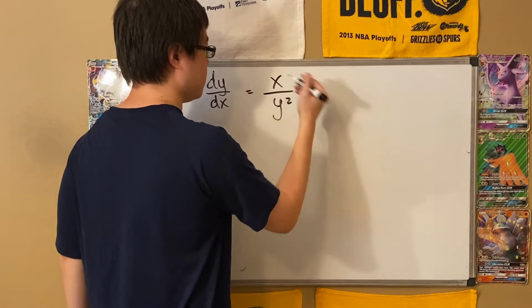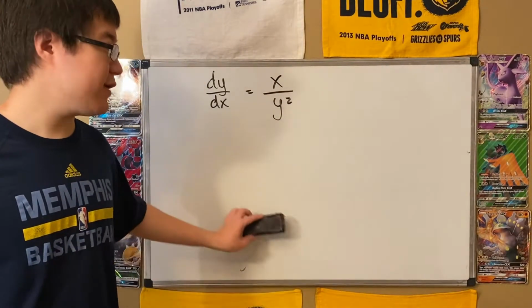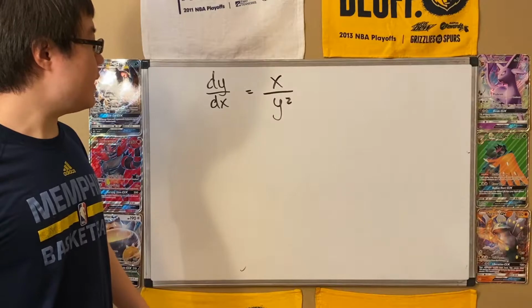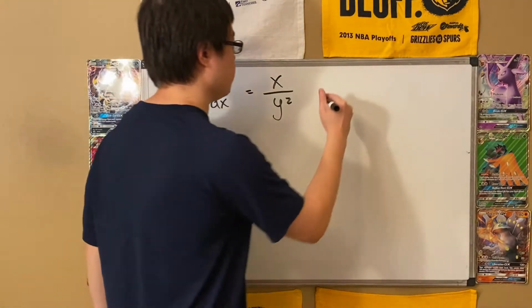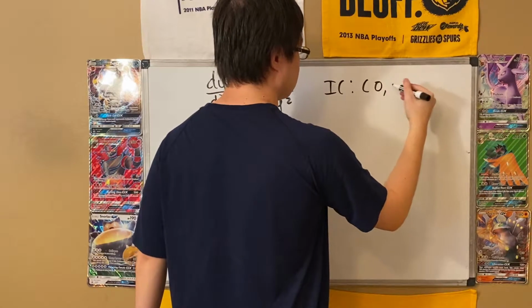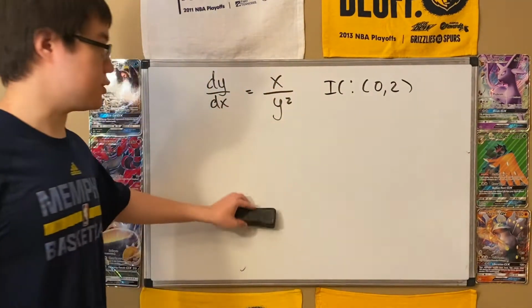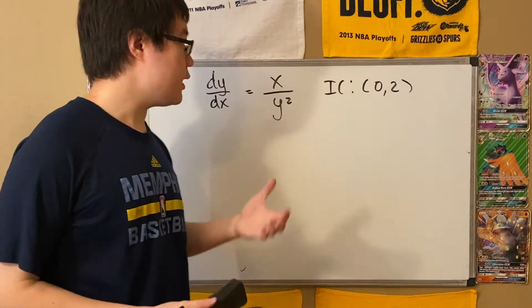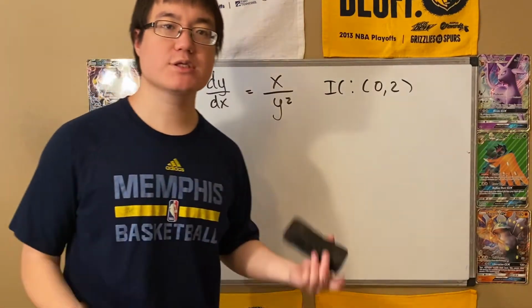Let's just put x here, and then you're always going to be given an initial condition. I want my initial condition to be something like 0, 2. So we're going to start off with this question right here. This is the non-ln of y case, as you'll see, but let's just get started.